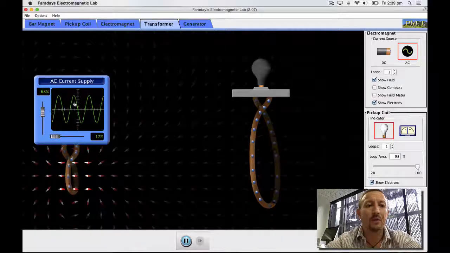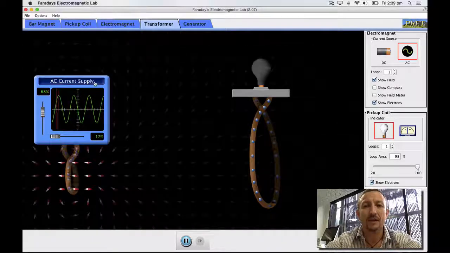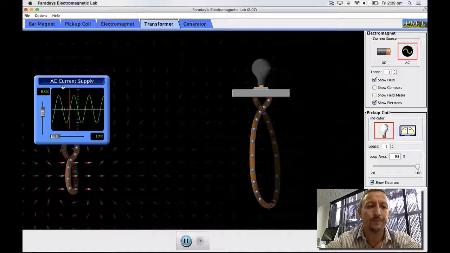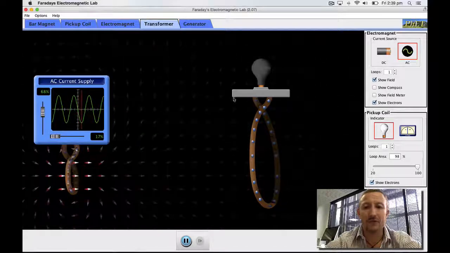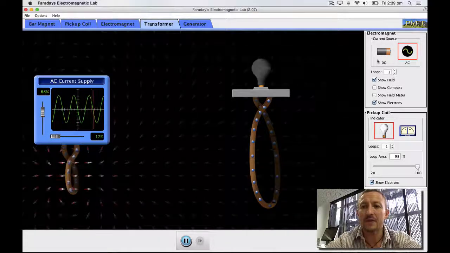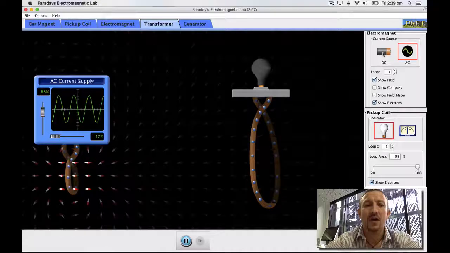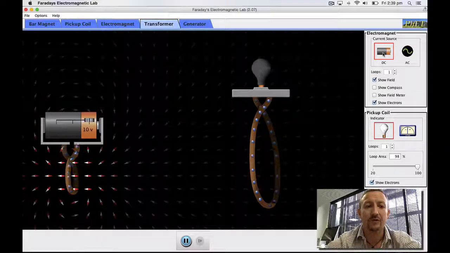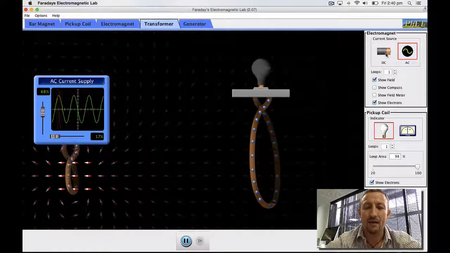Now at the moment we've got AC current running through the power source. If I come over to the far side, you can see that I can alternate between DC, where I've got just a direct current which is generated, or I can use my AC.